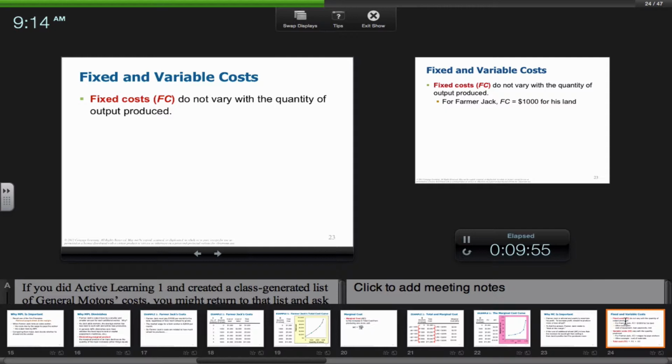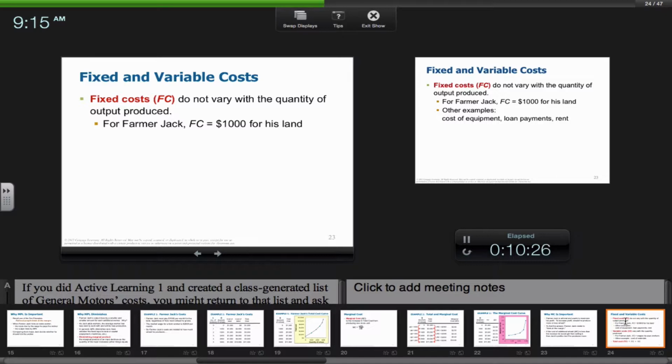Okay. Fixed costs don't vary with the quantity of output produced. So, in our Farmer Jack example, what cost is fixed? The cost of his land is fixed. No matter how much he produces, he's paying $1,000 a month for that land. It's a fixed cost. You cannot vary your fixed costs. What fixed costs do we have in our everyday lives?